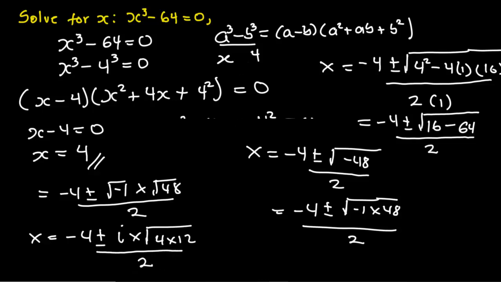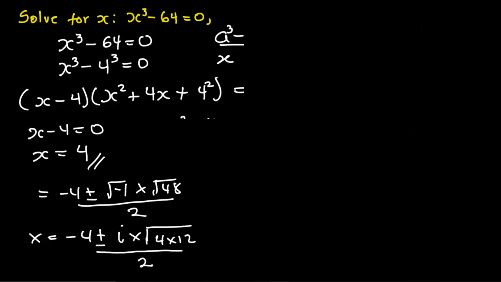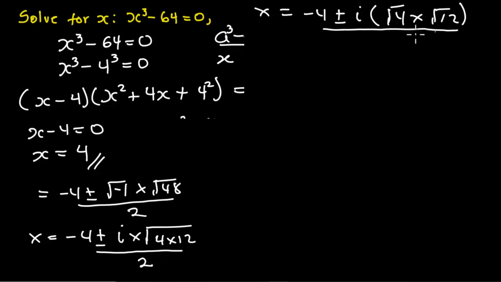Now let me clean this side. So from here we are going to have x equal to negative 4 plus or minus i multiplying the square root of 4 times the square root of 12 all over 2.